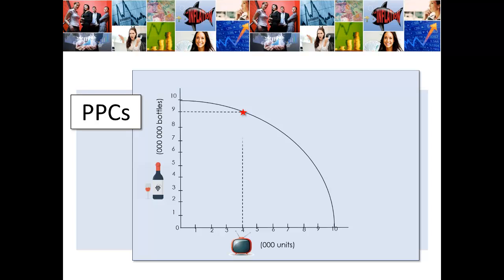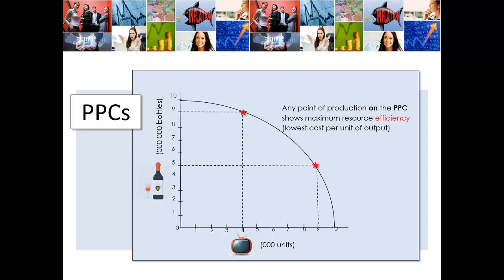Okay, producing at any point on the PPC, any point on that line there, is production efficiency. It shows maximum resource efficiency, and it also shows the lowest cost per unit of output. So an economy can choose anywhere on this curve to produce, any combination of these two goods or services.